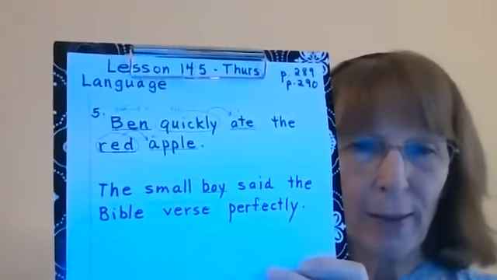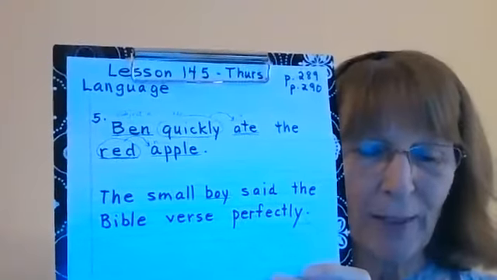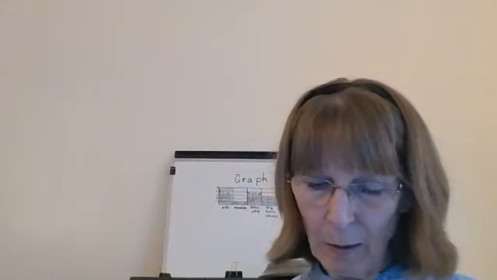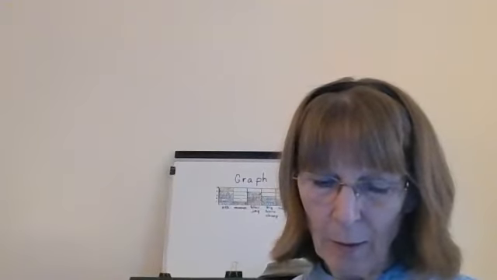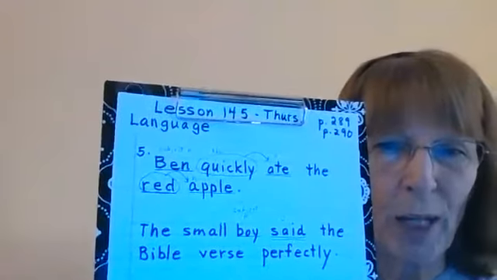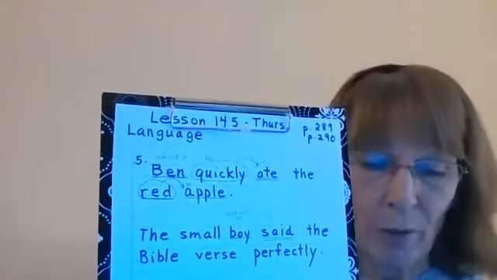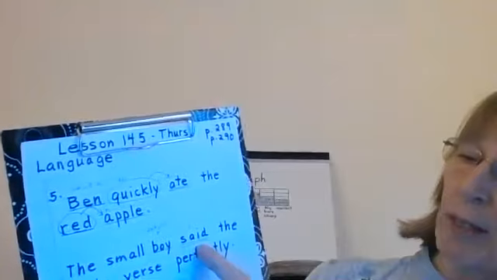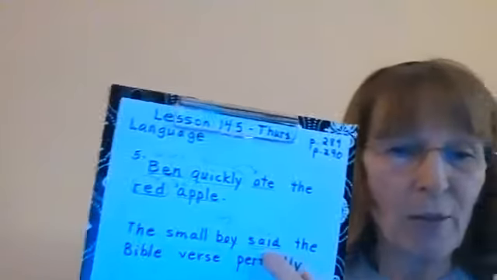The boy said something, correct? We will underline said. I'm running some extra things for you. Do not have to write all of that. What you need to do is underline boy once and underline said twice.